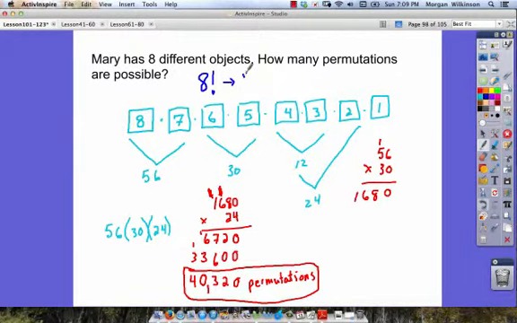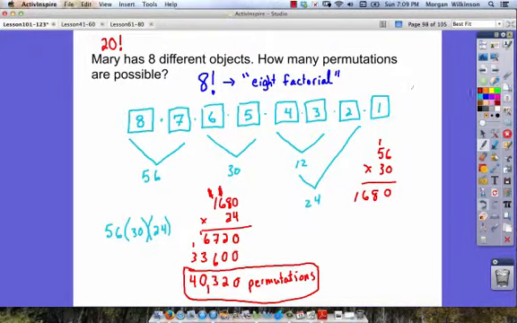And in math, what 8 factorial means is what we have below. 8 factorial means 8 times 7 times 6 times 5 all the way to 1. So if we had a number like 20 times 19 times 18 times 17 times 16, we could write 20 factorial, rather than writing out our 20 different boxes and each number going down in numerical order.